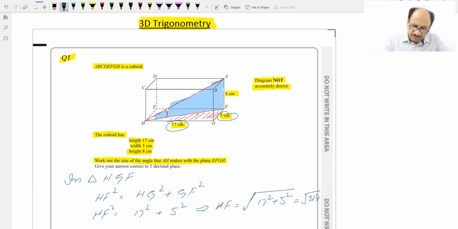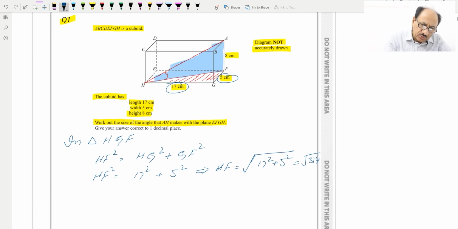After finding HF, we can find the angle. So now we will consider the other triangle. Which triangle will we be considering? We'll be considering HFA.